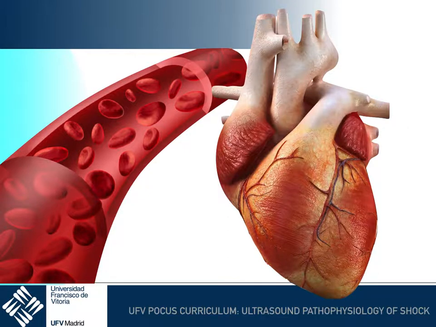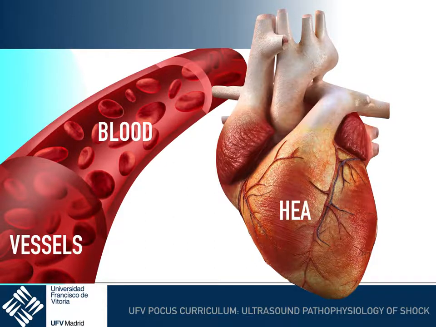So there are three main factors that are really affecting the perfusion. One is the presence or absence of blood. The second is the pipe itself, which is the vessel. And the third one is the pump, the heart.